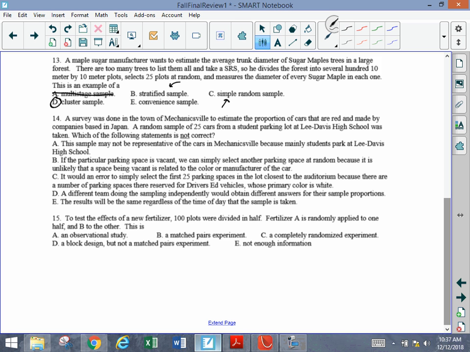And a convenient sample, I walked through the forest, the first 20 trees I saw, I measured them. That's it. So what's a multi-stage? It's just there to throw you off. In no statistics book have I ever seen that definition. It's not a thing that you need to know.